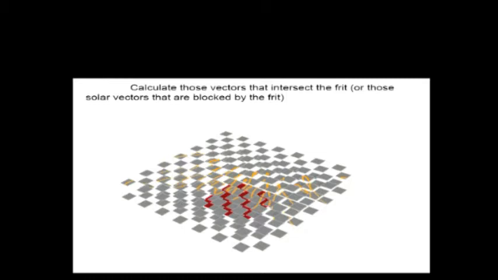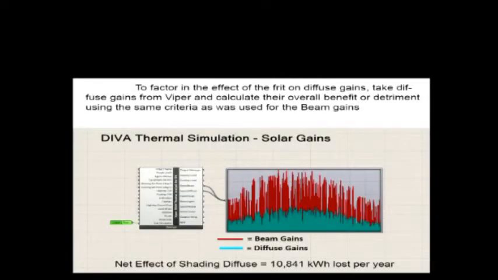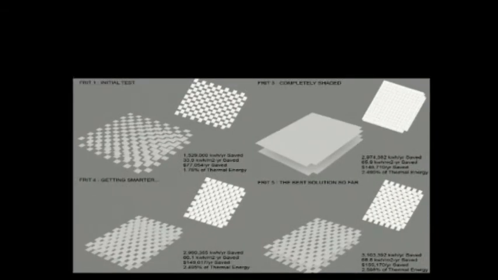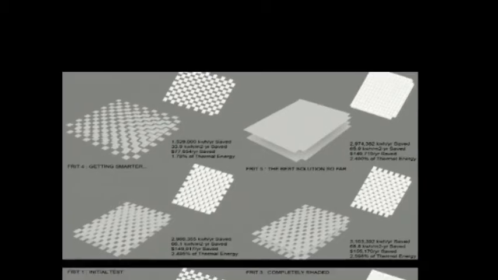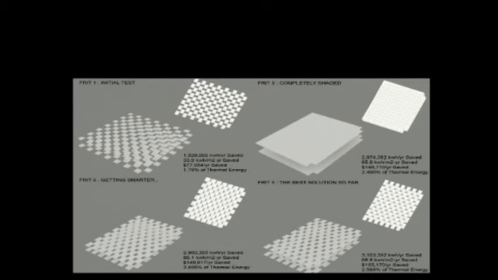But if you had heating load inside the space, then that would be the penalty of your design. So this can be applied even with the beam gains, and it's a very simplistic algorithm, but we can develop on these algorithms further. And these are different generations of frit pattern that we got, and this is the final generation of frit pattern.